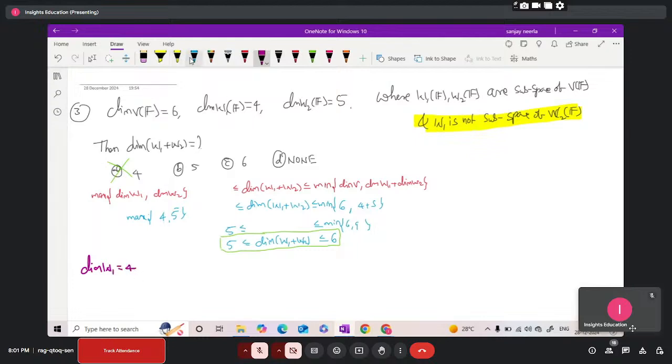So structure wise, what is the structure here? 1, 2, 3, 4, 5, 6. Four dimensions means assume this is the structure. Now come to W2. What is the structure of W2? W2 is a 5 dimensional space, 1, 2, 3, 4, 5, 6.